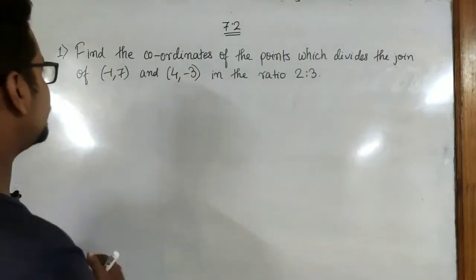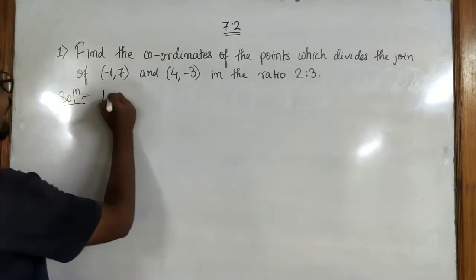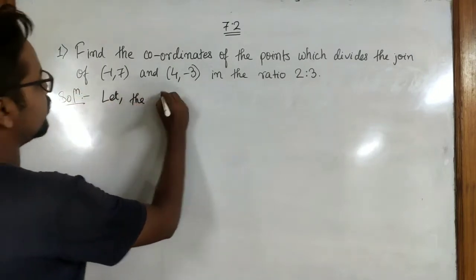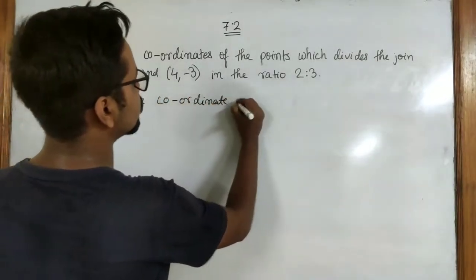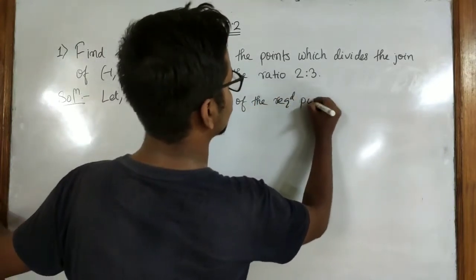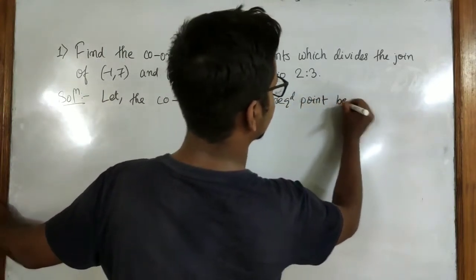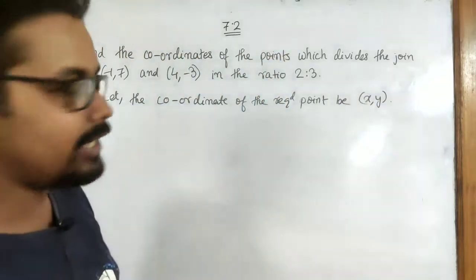So first we say, let the coordinate of the required point be x comma y. So this is our coordinate which we have to find, x and y.